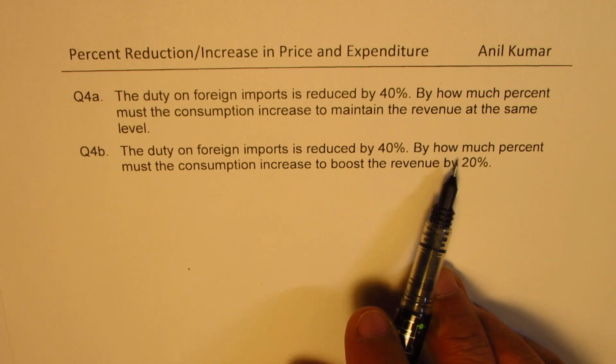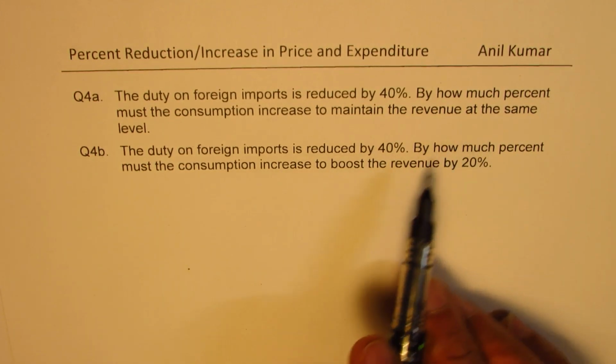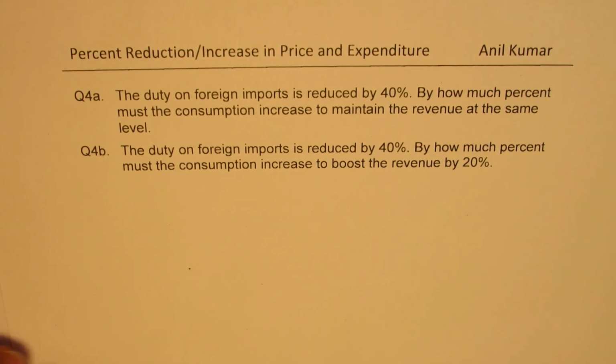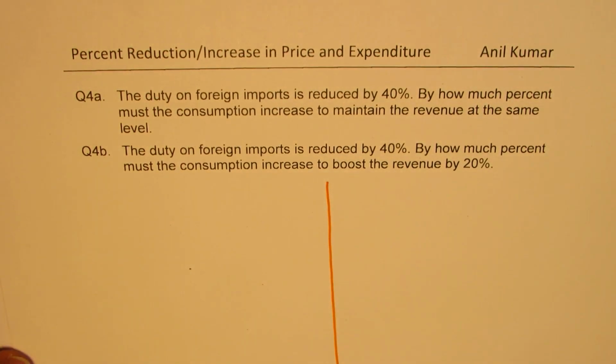By how much percent must the consumption increase to boost the revenue by 20%, right? So these are two scenarios on the base, that is the import duties reduction by 40%, right? The whole idea of reducing duties is to increase business. Let us see how it really affects.